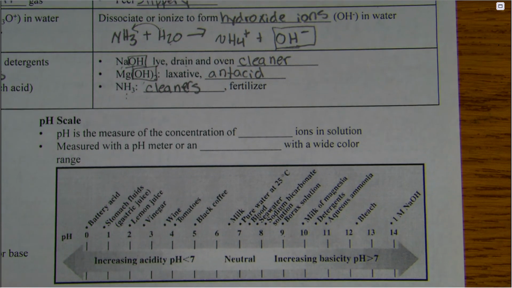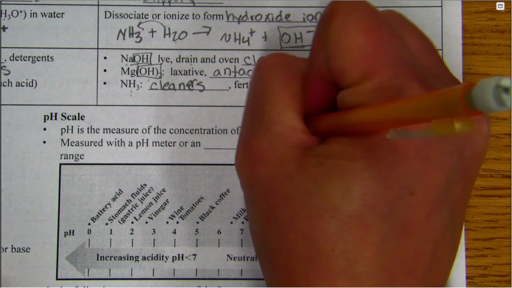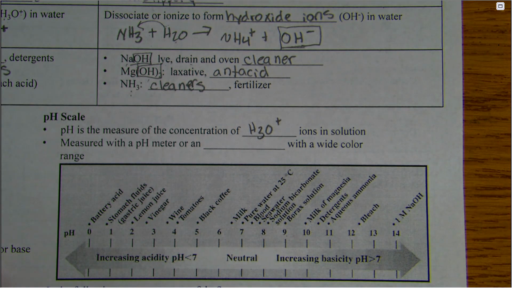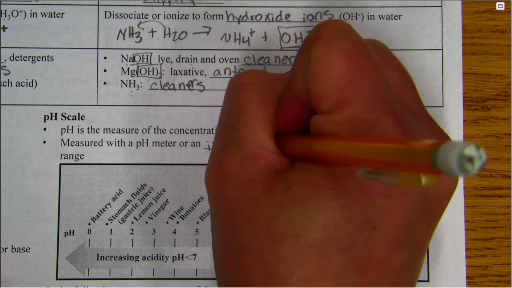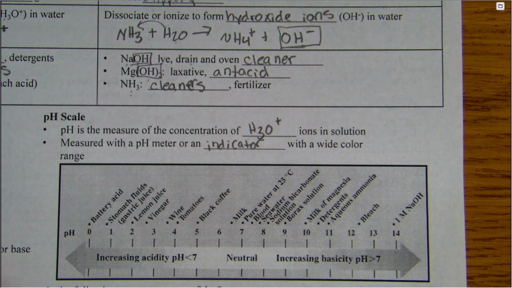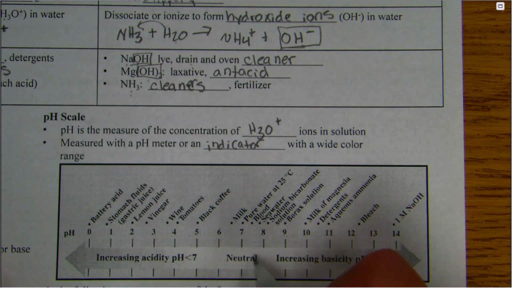So, pH scale. The pH scale is a measure of the concentration of hydronium ions, H3O+, and it is measured with either a pH meter or an indicator. Here are these indicators again. Now, on our pH scale, 7 is neutral.